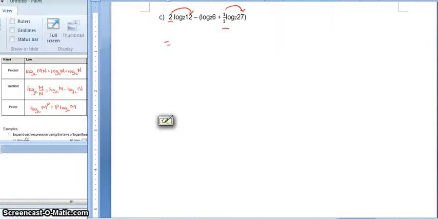Okay. So let's rewrite this as the log base 2, 12 squared minus the log of base 2, 6, plus the log of base 2, 27 to the 1/3.